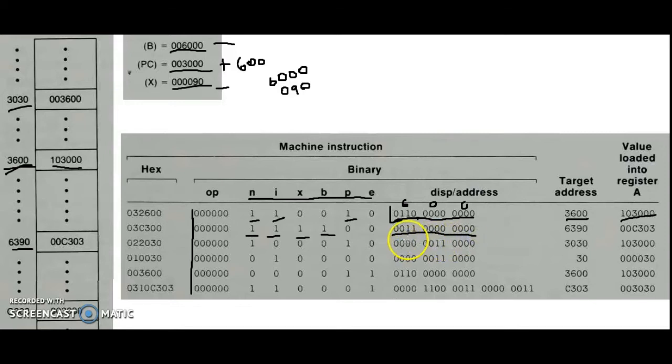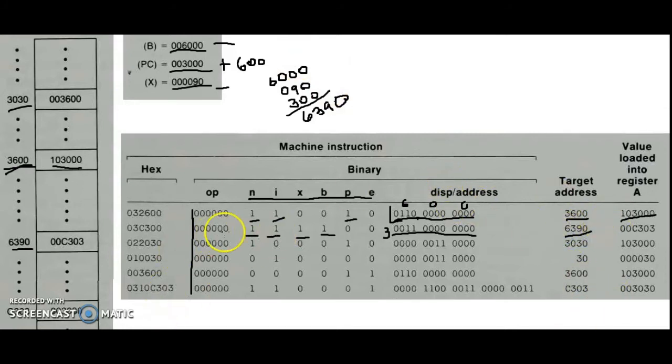This will be 3, 0, 0. So when performing the addition, you will get the result 6390.